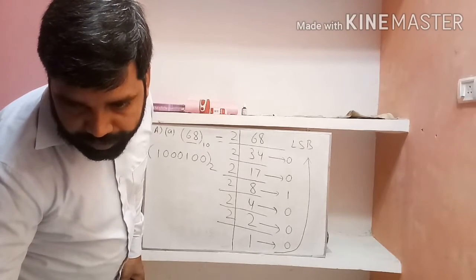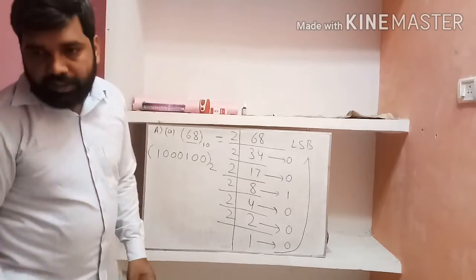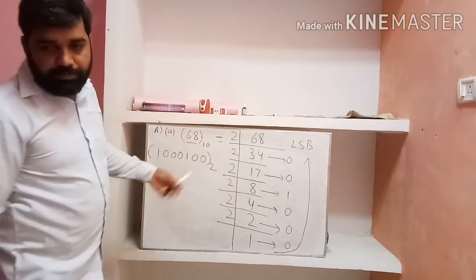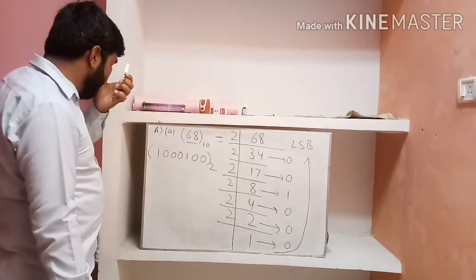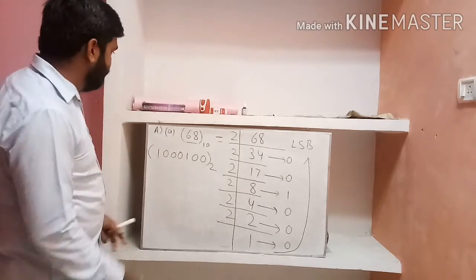Now we move to the next question. How do we convert a binary number to a decimal number? First we converted decimal into binary. Now we will learn the reverse, how we do it.